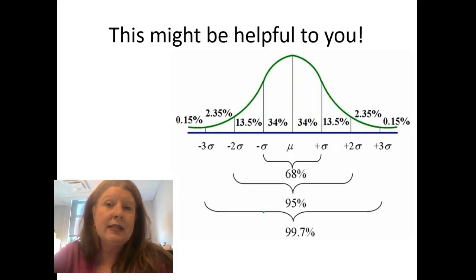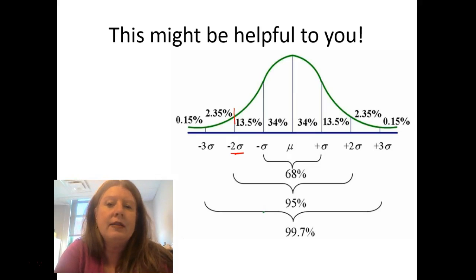One last thing I wanted to leave you with. Here's a slide that might be helpful for you. Especially if you're having some difficulties understanding the empirical rule, I would definitely encourage you to look at this. It might help you answer certain questions. It can help you quickly figure out percentages if you're not quite sure. So for example, if I said there's a value that's 2 standard deviations below the mean, what percentage of values are less than that?